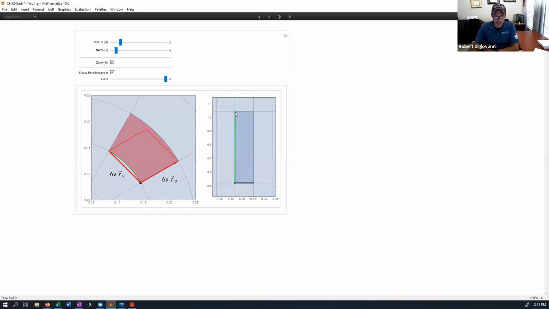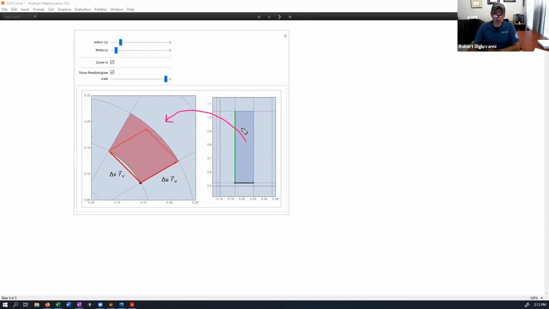So here it is. If we take a little rectangle in the Cartesian plane, so the one on the right is Cartesian, and convert it over to polar, then what we get is this new patch. That's the red, ignore these red vectors and the dotted lines, just this red patch over here, okay?